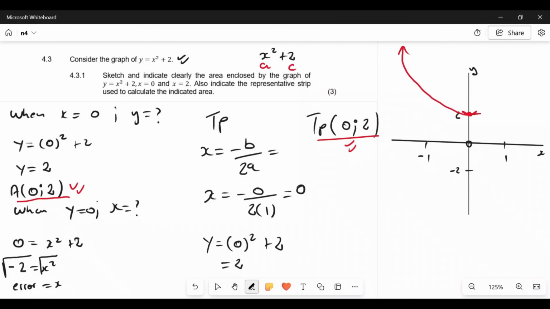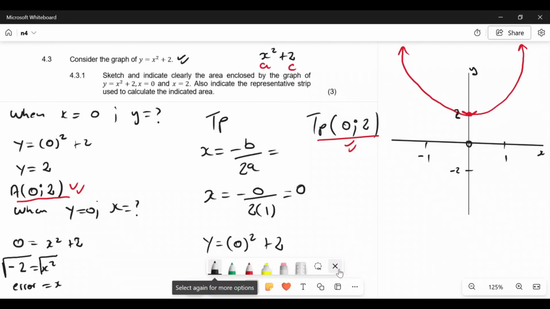It's going to go exactly past 2, but it's going to face upwards like that. So this here is our graph, guys. This is the type of graph which requires you to understand parabolas. But this is how the graph is supposed to look.